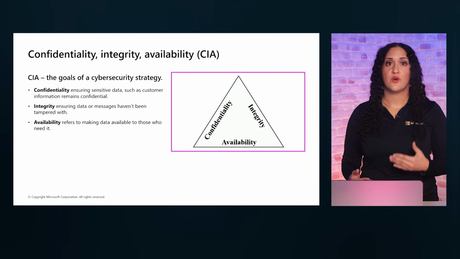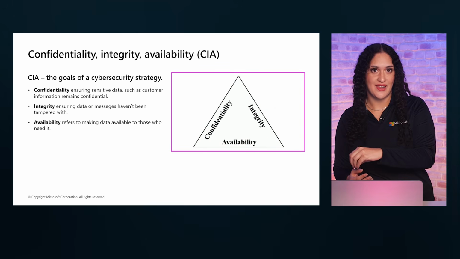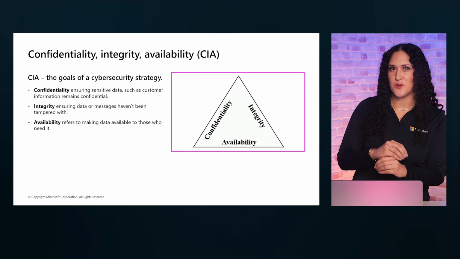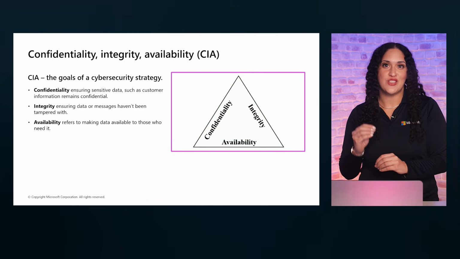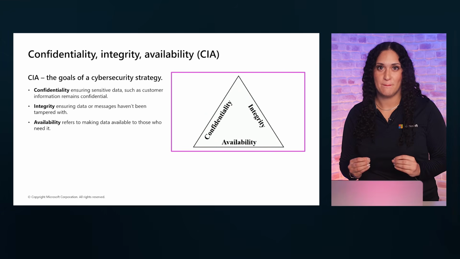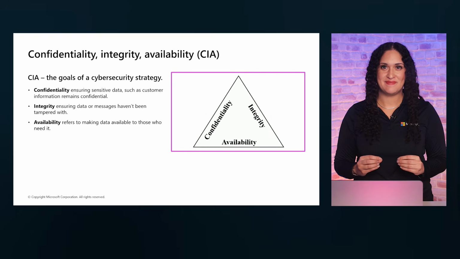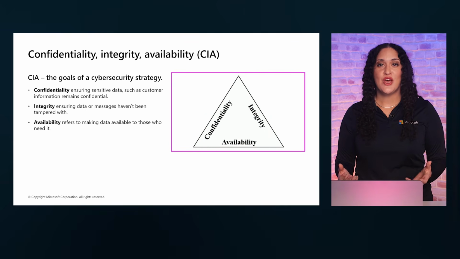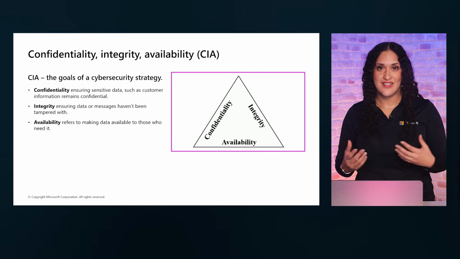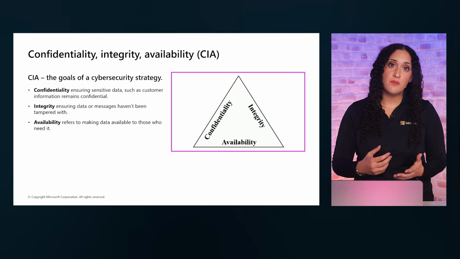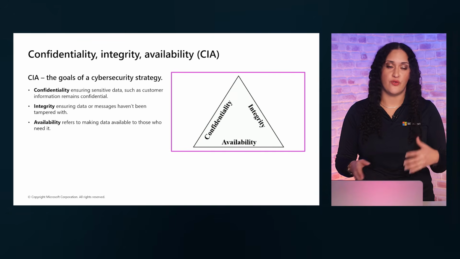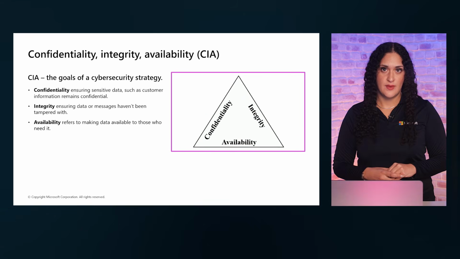In practice, the CIA triad helps organizations design and evaluate real-world security measures. So, for example, encrypting data supports confidentiality, but you also need to protect encryption keys and ensure authorized users can still access the data. As a result, linking confidentiality and availability. Integrity is supported through controls like hashing, validation, and auditing, which help confirm the data remains accurate from creation to use.